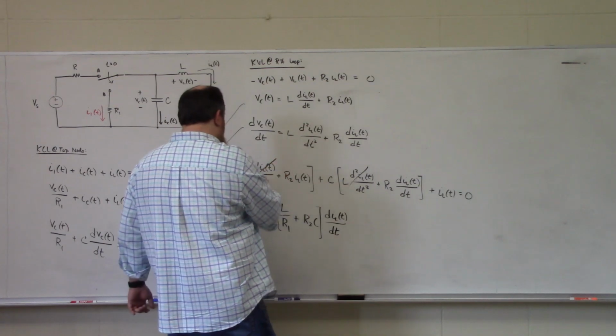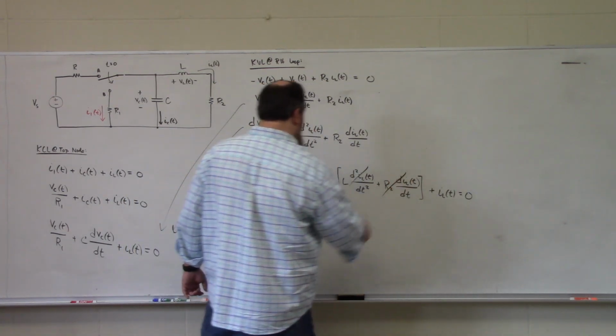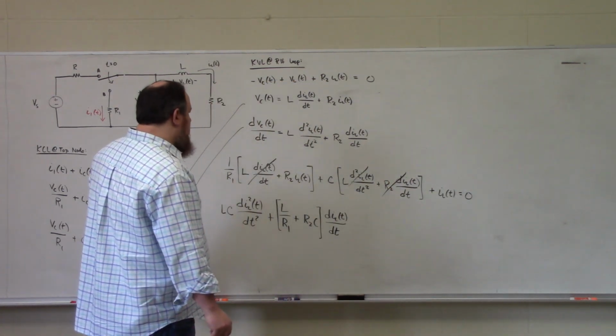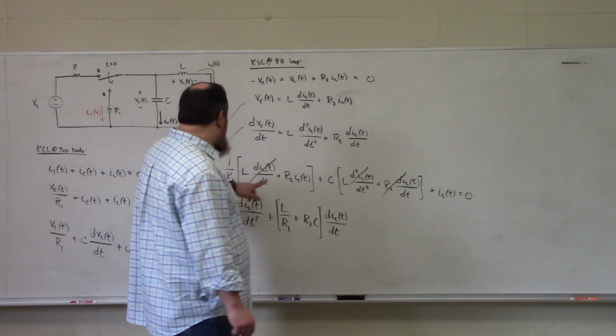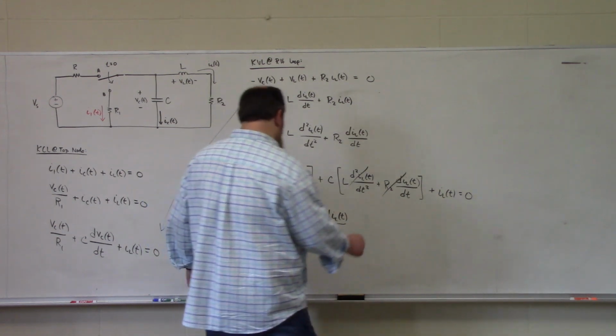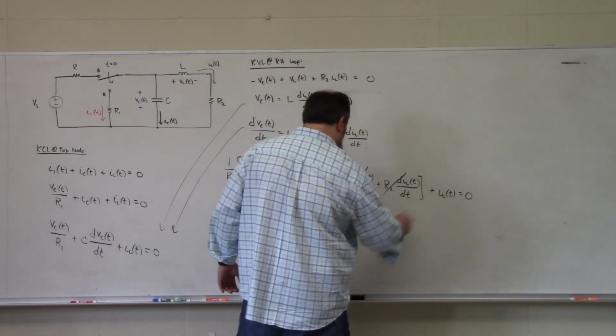So that takes care of this guy and this guy. And then for my 0th derivative terms, I'm going to have R2 divided by R1 and 1.